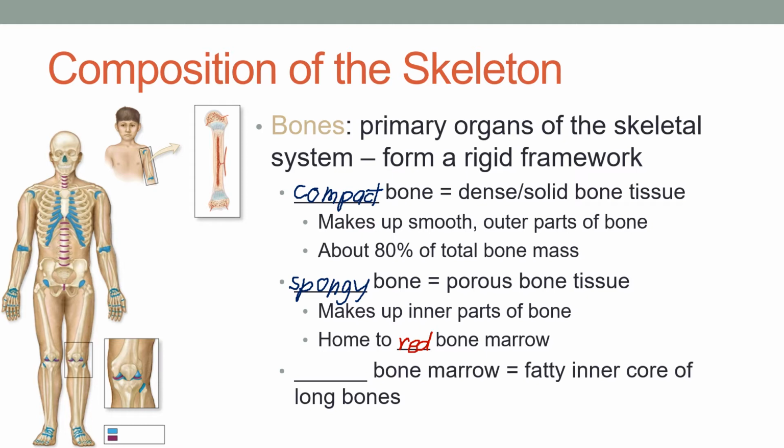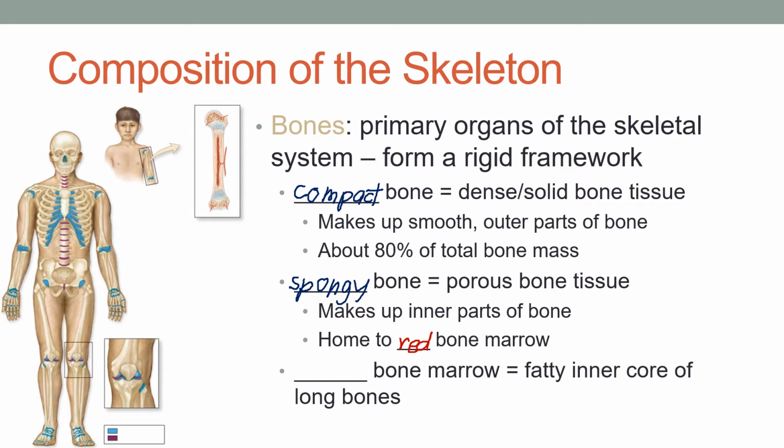Red bone marrow is red because of all the blood-forming cells that are found in it. It has a tremendous blood supply, but it actually supplies blood to the rest of your body. Red bone marrow is involved in hemopoiesis, the formation of new blood.